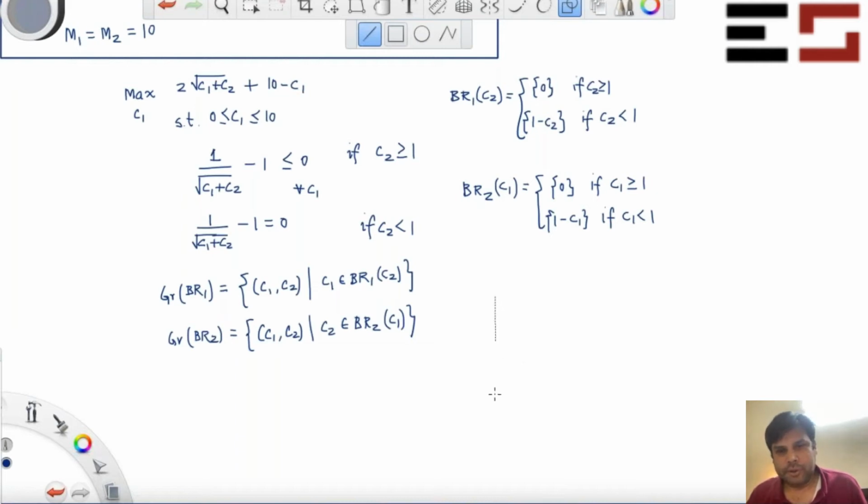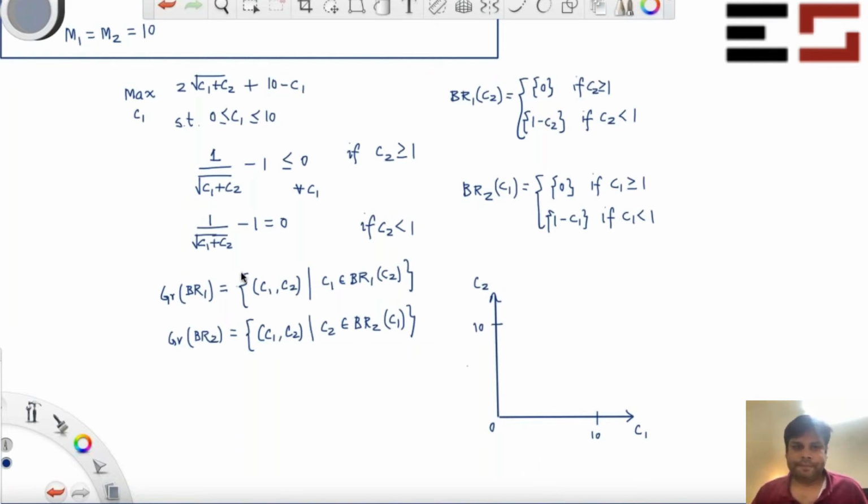Actually in a 10 by 10 box, because the action set of player 1 is 0 to 10, and the action set of player 2 is 0 to 10. So let's first plot the graph of BR1.